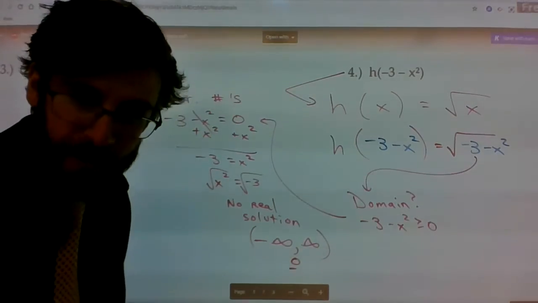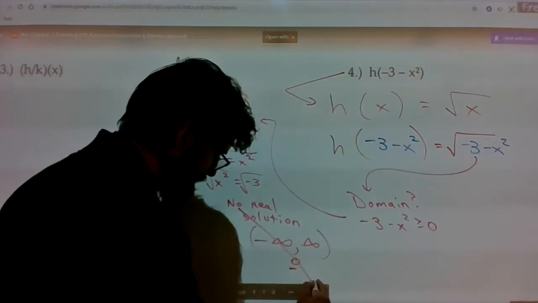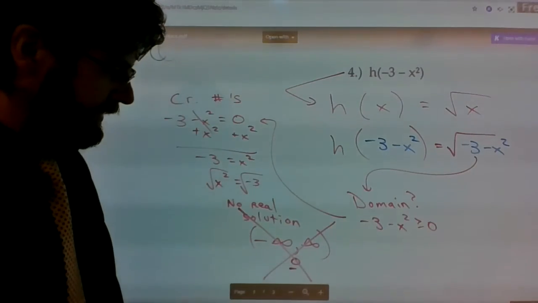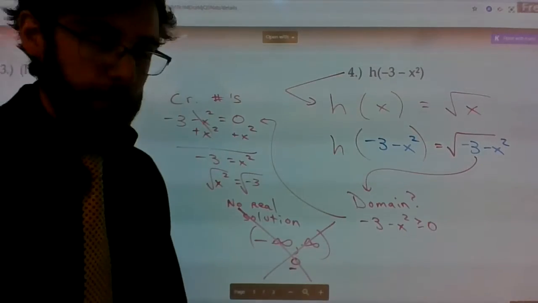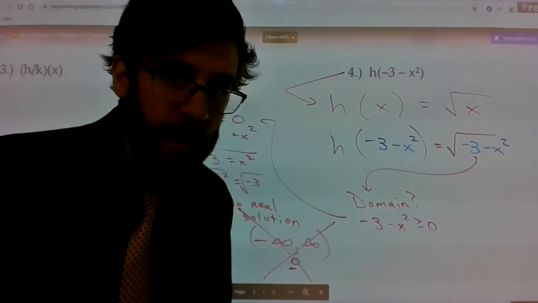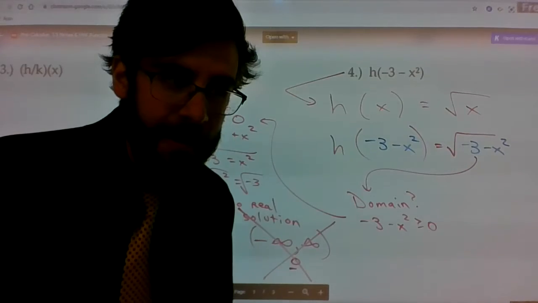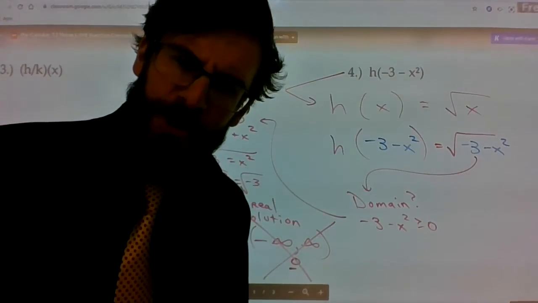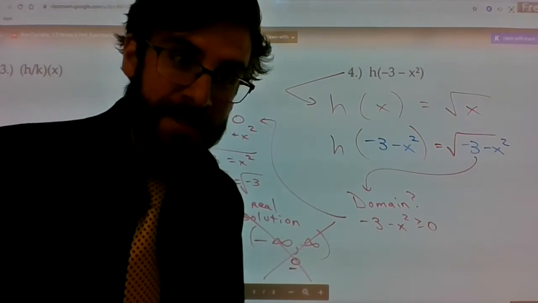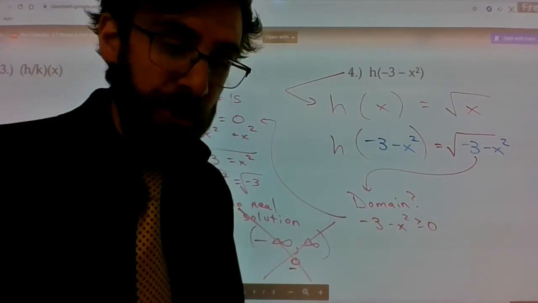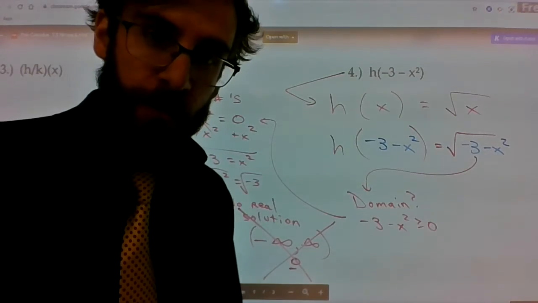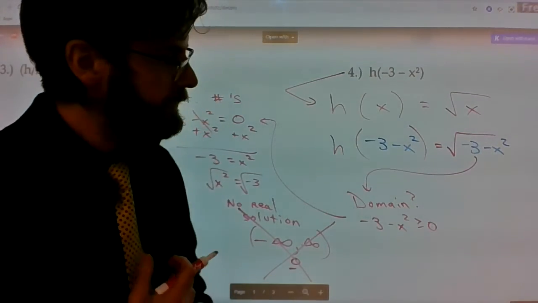That is not greater than or equal to 0. Wow. So, what's the domain? There is no domain. This function does not have any discernible points, at least in the real realm.